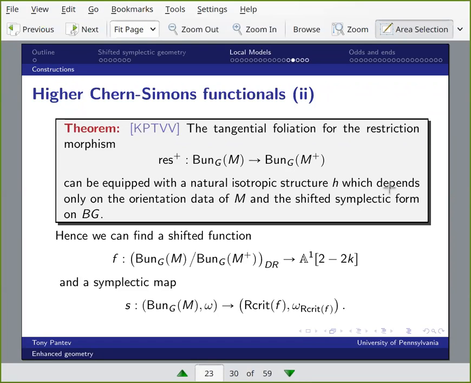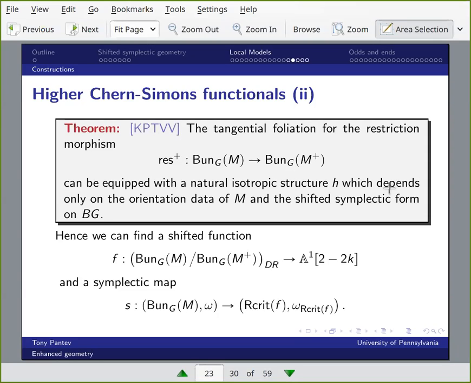If you have a smooth compact Calabi-Yau category of dimension D, and you look at the moduli stack of compact objects in that, I expect this is shifted symplectic. It's 2 minus D shifted symplectic. And I expect again that the 2 minus D shifted symplectic structure is induced from some global shifted potential.